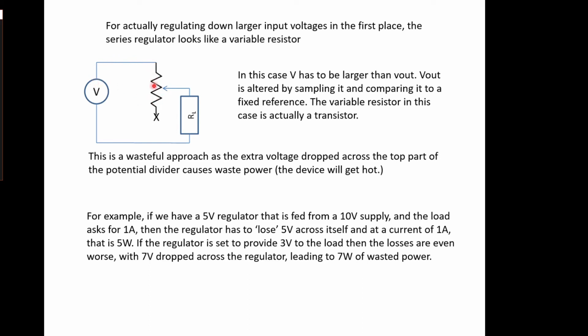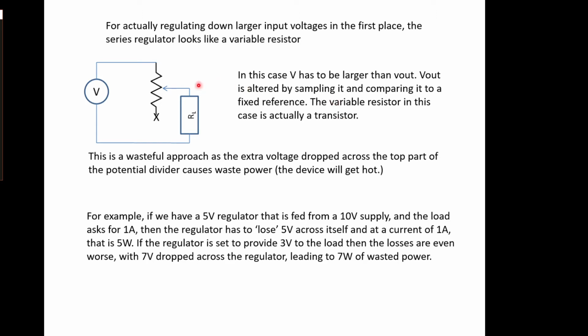So we can view it as a variable resistor. It's not strictly speaking a variable resistor, obviously, but that's the idea, and it allows us to see where the drawbacks of this type of system might lie. V in has to be larger than V out. This voltage here needs to be higher than this one because we need to lose some voltage to maintain this one here.